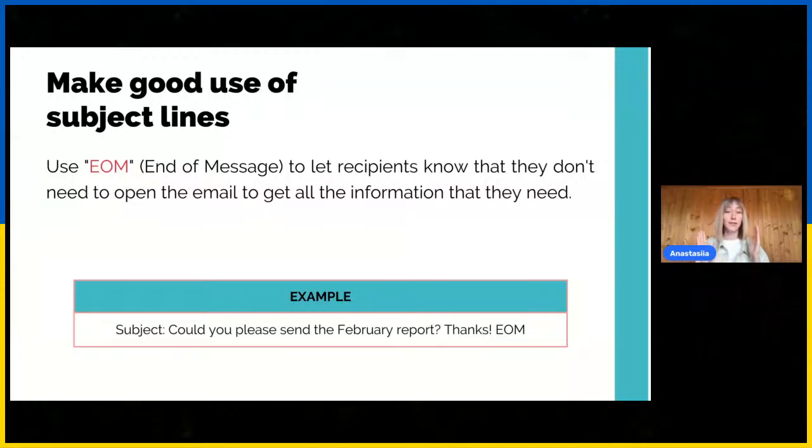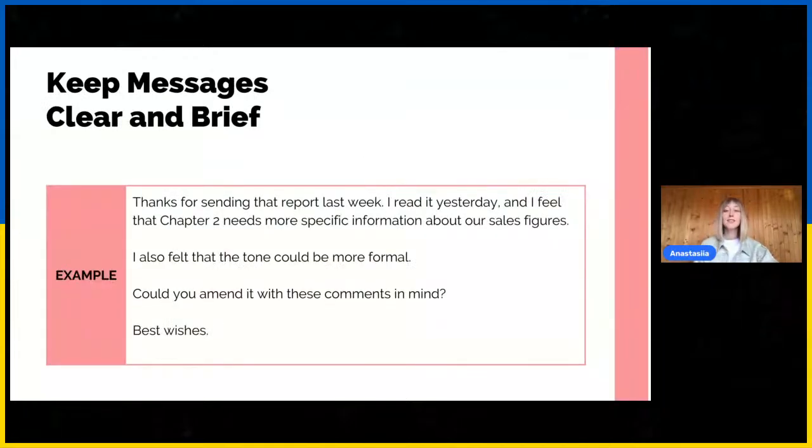In the subject, you can write a short sentence and finish it with EOM. It means that it's the end of the message and the person doesn't have to open the email to read some details, because it's already clear that this is it. Yeah, this is the message, and it saves a minute maybe. And if everybody did it, I believe it would save hours, due to the amount of emails we receive every day.